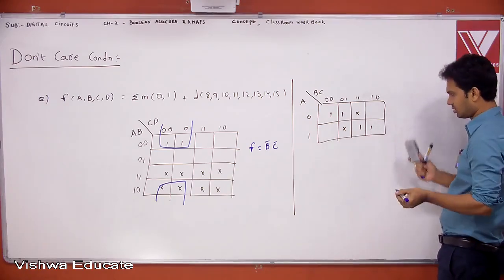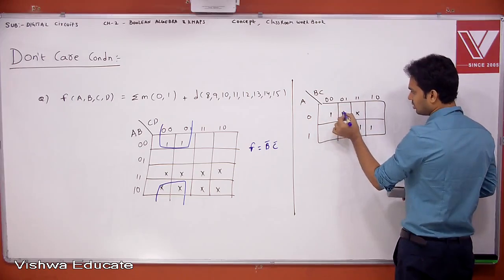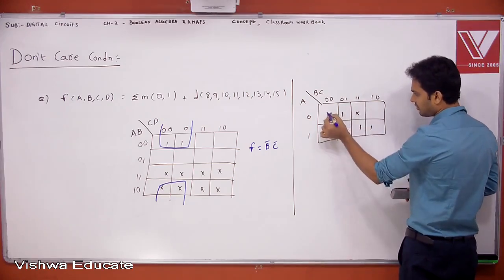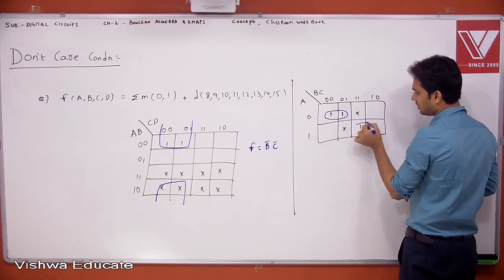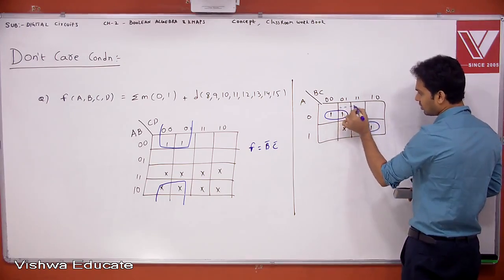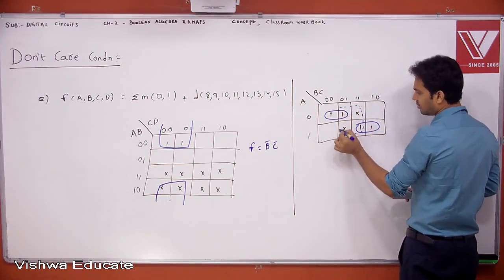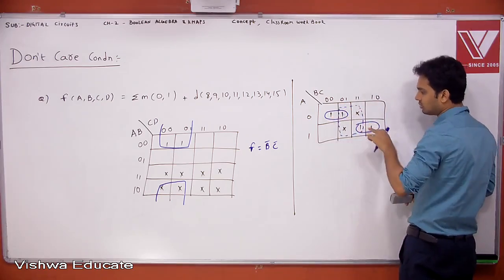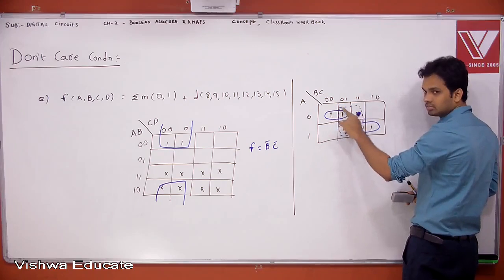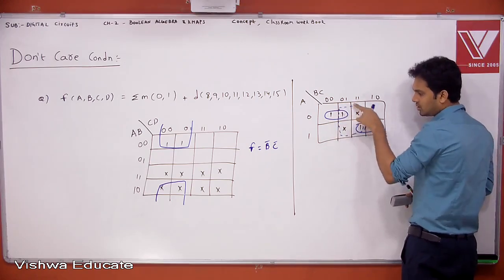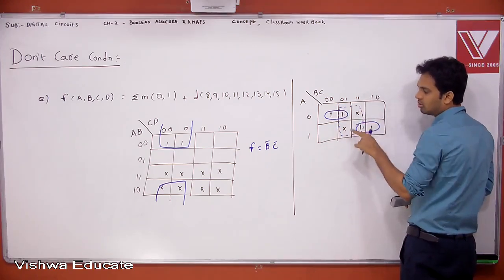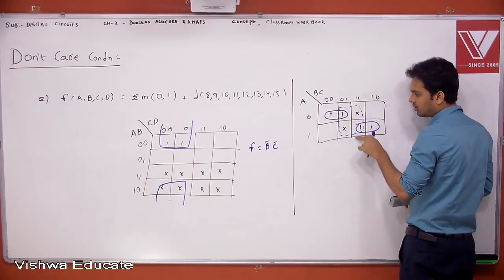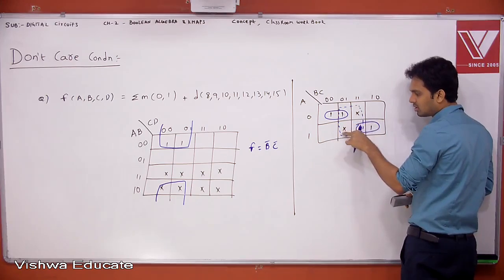Here, I should not take this quad. First, this is a pair, this is a pair. After the pairs, you can make a quad, but please listen. Whether you take this quad or not, to cover these two ones, you should take a pair. But if you take this quad, is there any use? No, because if you take the quad, these two ones are already covered. So we are covering two extra don't cares.